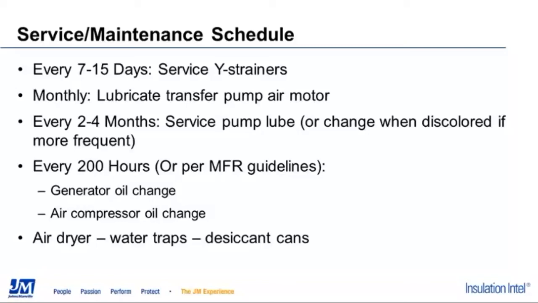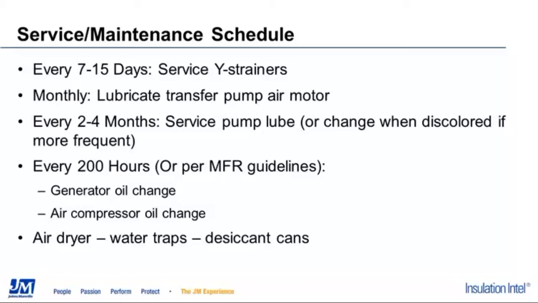As the machine runs, it's going to begin to discolor, turn a cream white, a caramel color, and assuming that it's not being adequately monitored, it may even start to thicken or turn to a paste. We want to make sure that's being changed every 2 to 4 months. It's really on an as-needed basis, and we let the discoloration dictate when that's going to occur.